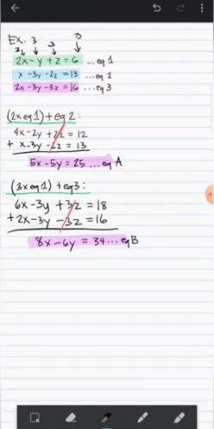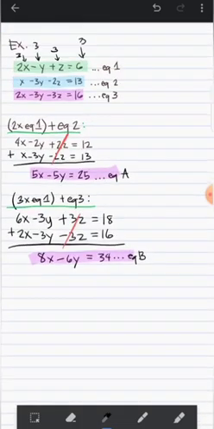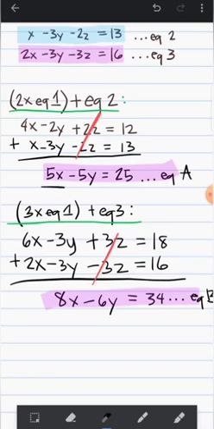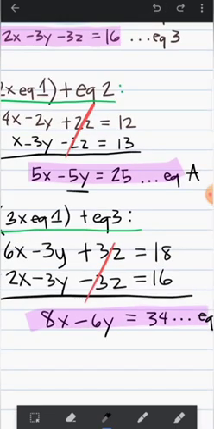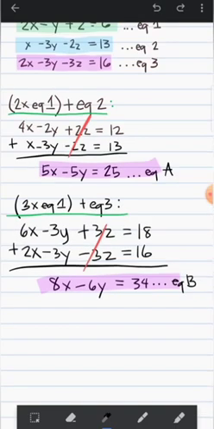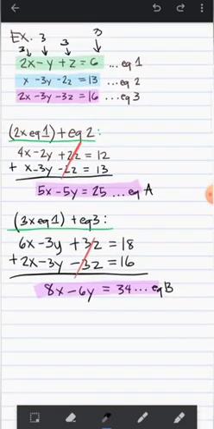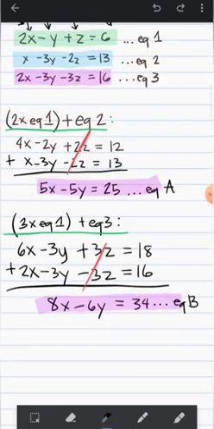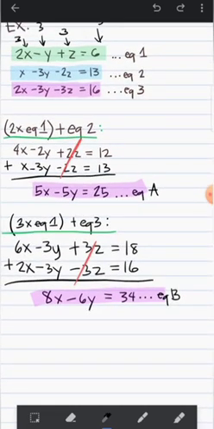So now what's next? If the problem asks you only for x, then eliminate y. But if the problem asks you for all the variables x, y, and z, choose the one that is easier to eliminate. So in here, which is easier? Eliminate 5x and 8x, or 5y and 6y.